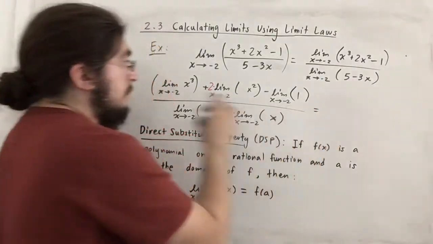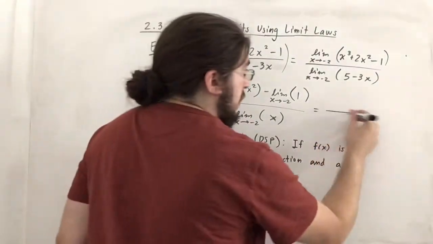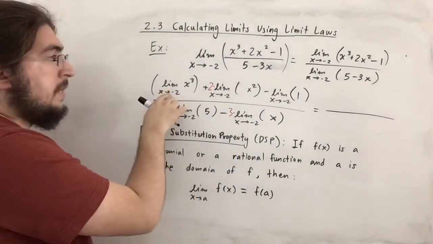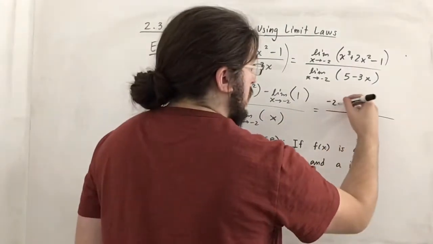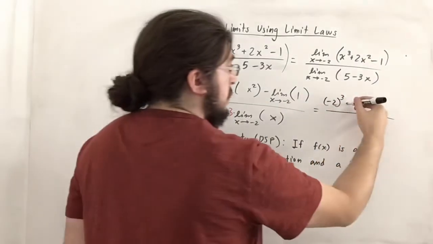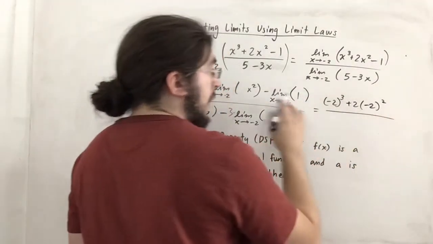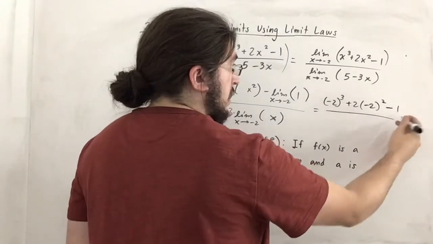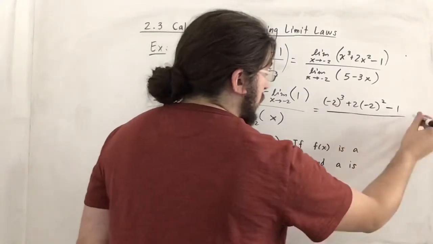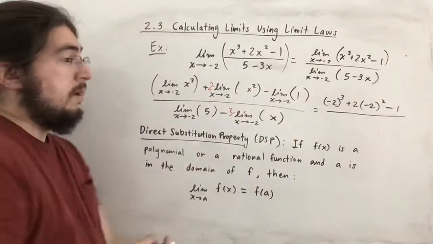Because now we only have powers of x, basically, and constants, of course. So we can see that this first limit is just going to be -2 to the third. This is going to be plus 2 times -2 squared. And then this, of course, is just going to be 1, because 1's a constant, so no matter what x is, this number 1 is still 1.